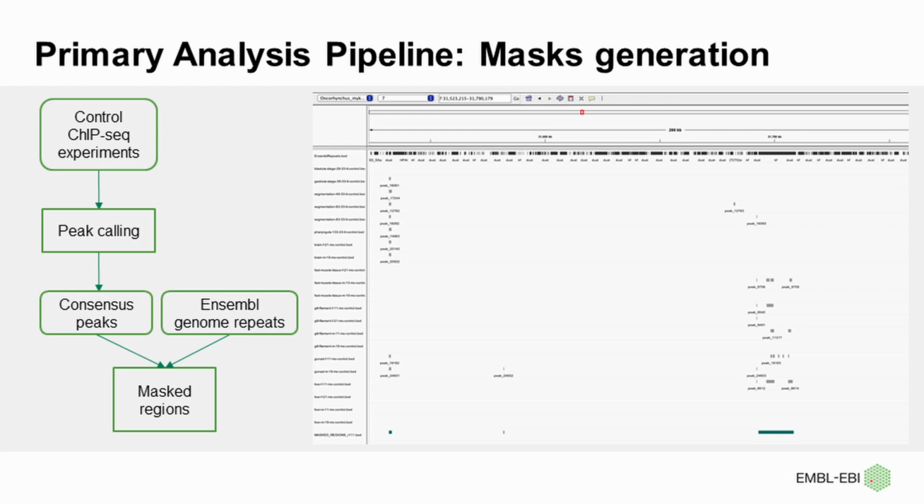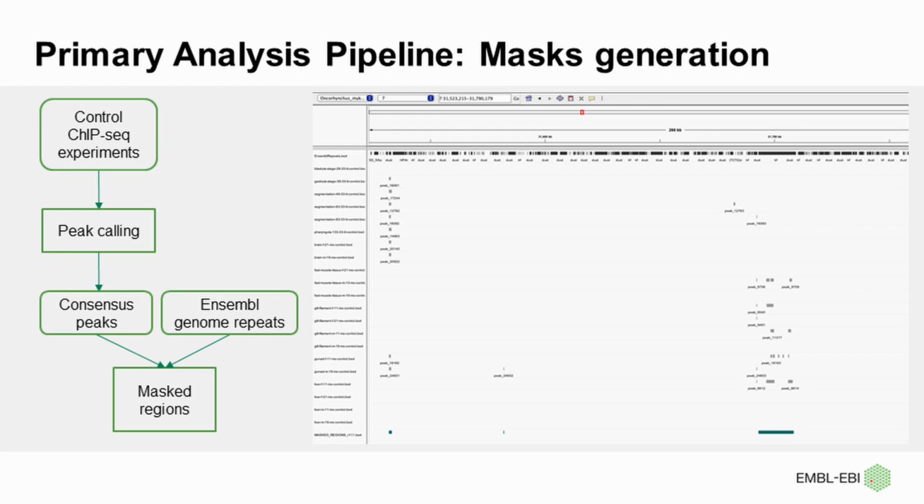So what we did was to take the different control ChIP-seq experiments we had, we processed them identifying peaks there with GenRich, and then we combined these peaks in order to obtain a set of consensus peaks. So you can see here, these are different peaks identified in different control samples, right? And then we overlap these consensus peaks with the ENSEMBL genome repeats in order to identify which of them were annotated.